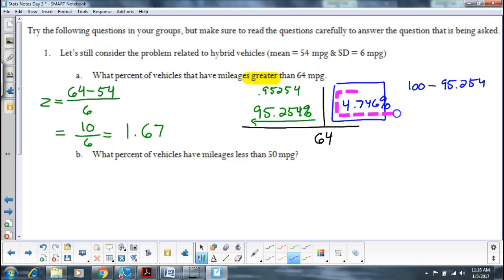That is the population, or the percent of vehicles that have gas mileages greater than 64 miles per gallon.